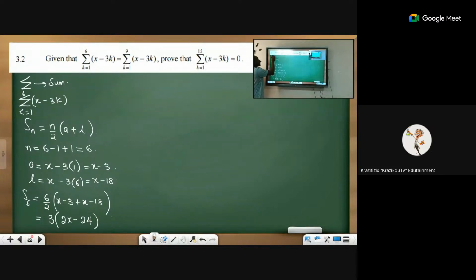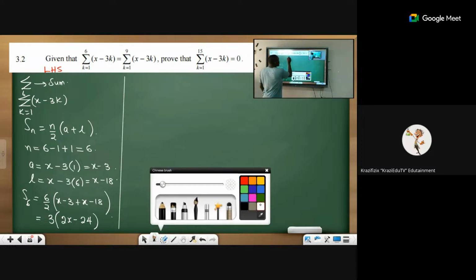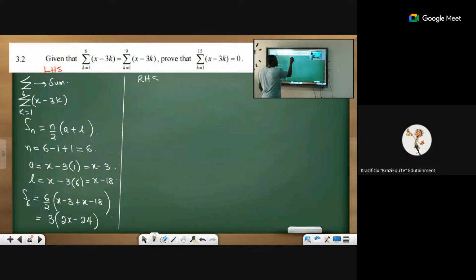Left-hand side. Okay, together. Let's move. Right-hand side. So once you understand the concept, you have confidence to navigate through and through and through.